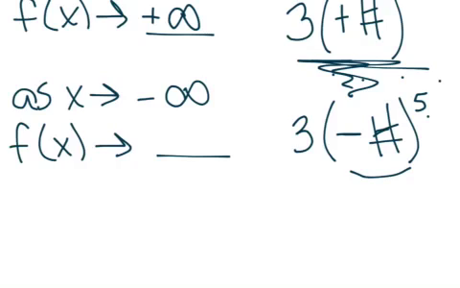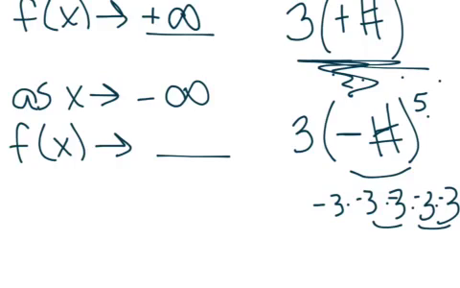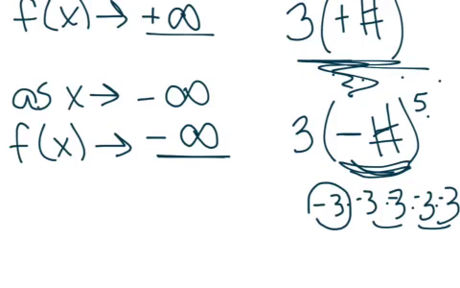So like negative 3 to the 5th power is negative 3 times negative 3 times negative 3 times negative 3 times negative 3. So I've got these two sets that become positive, and then I have a lonely negative 3 by itself. So this whole number right here remains negative, and then I multiply it by a positive 3. So it goes to negative infinity in this case.